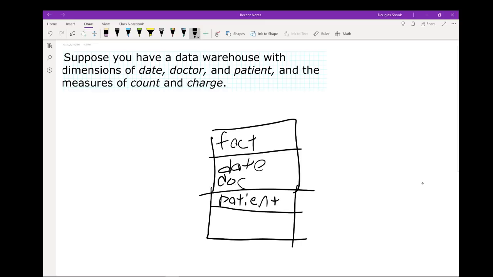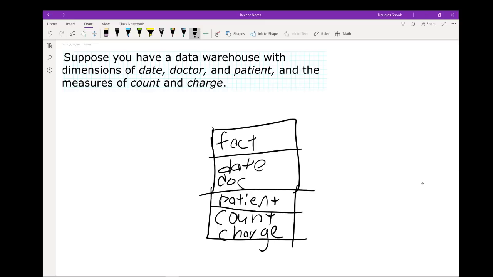What other columns? Yeah. Count and charge, the measurements. Sorry for the sloppy fact table, but that's what it would look like. I'd have foreign keys and then the measurements.